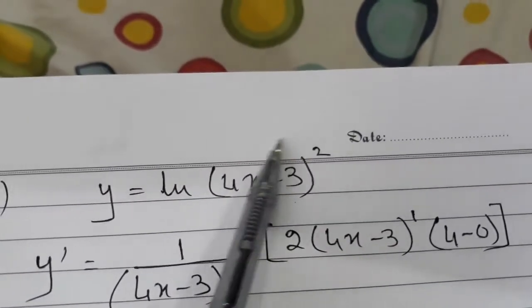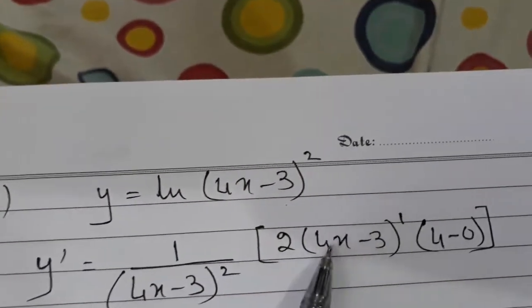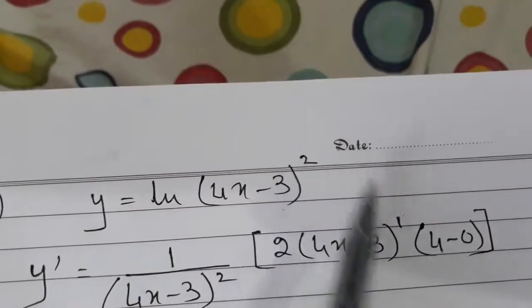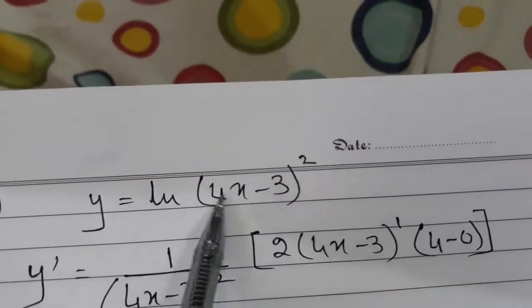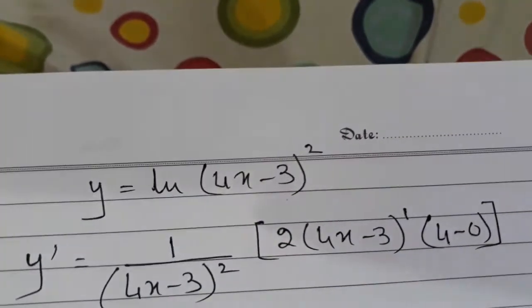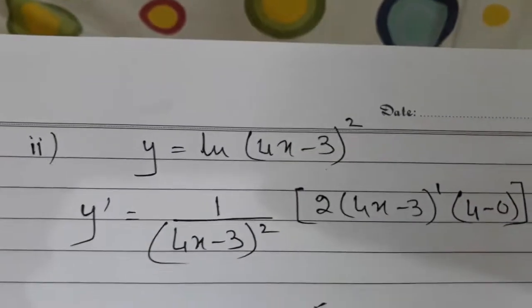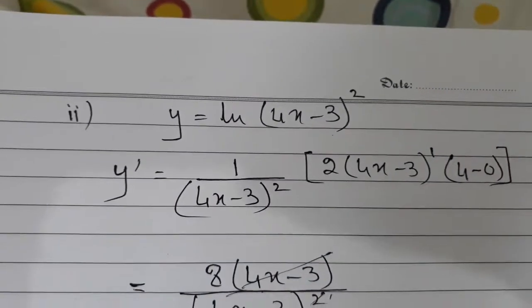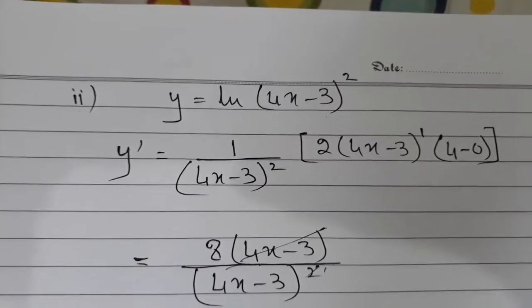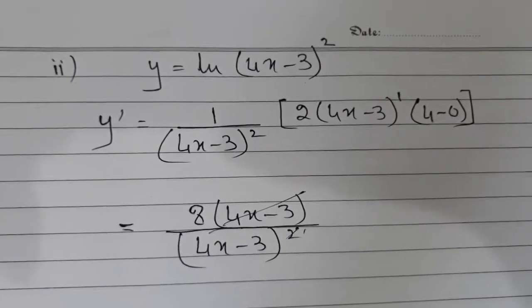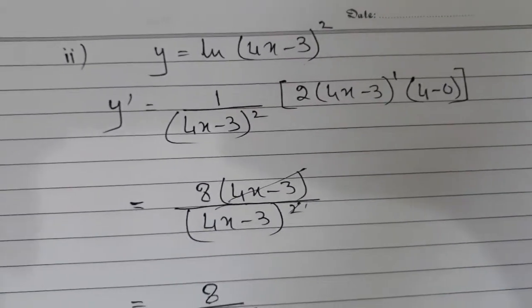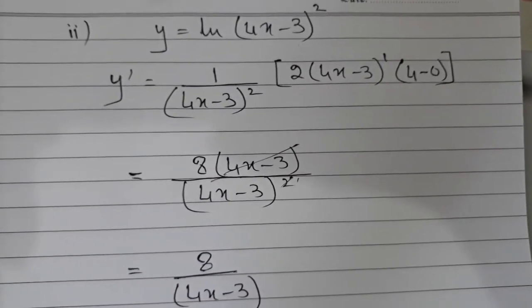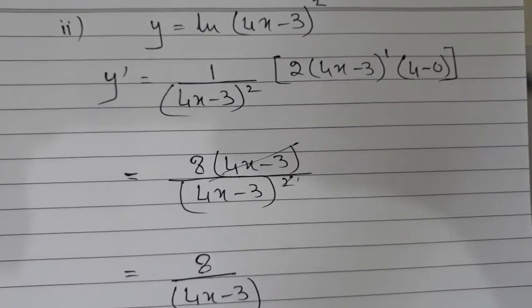You remember? 2 will come here, function as it is, 2 minus 1 is 1, and differentiation of this, which is 4 minus 0. And then you will simply simplify it. Is it okay? So this is your gradient function of the original function.